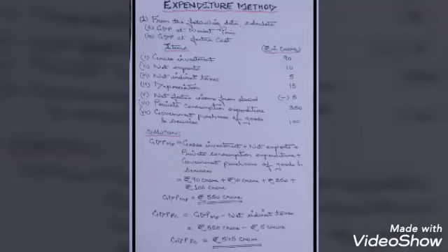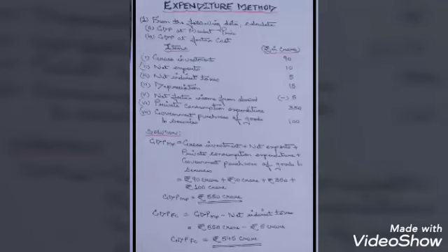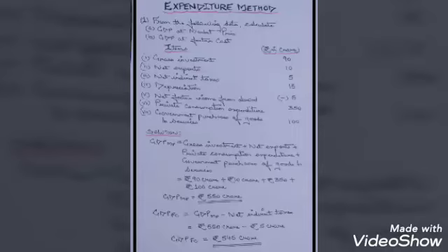The items given are: gross investment, rupees 90 crore; net export, 10 crore; net indirect taxes, 5 crore; depreciation, 15 crore; net factor income from abroad, minus 5; private consumption expenditure, 350; and government purchases of goods and services, rupees 100 crore.